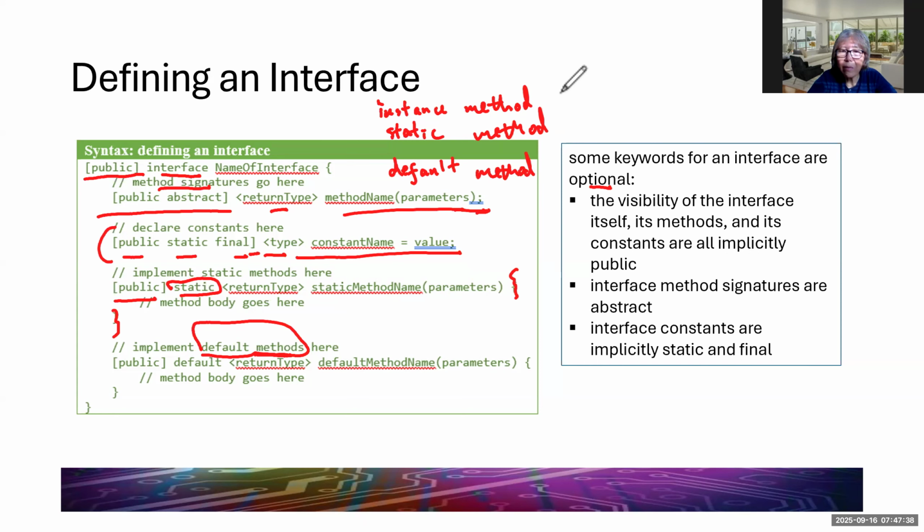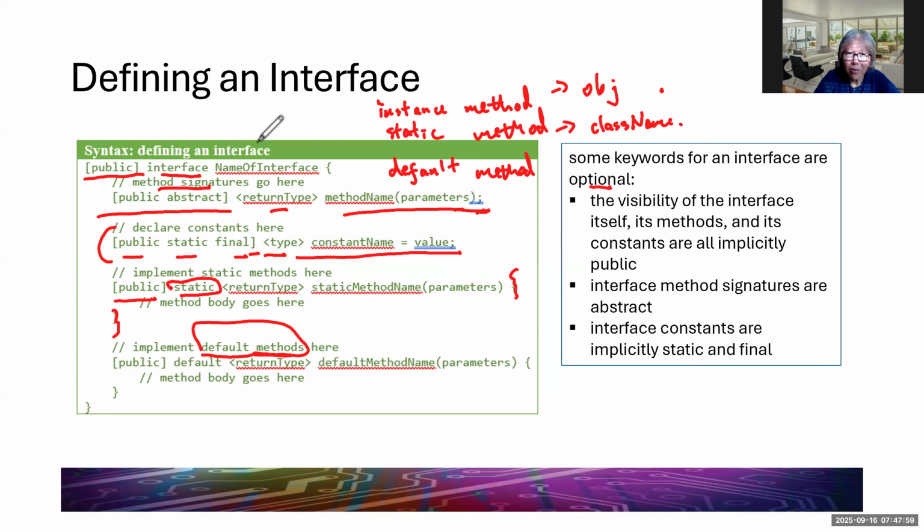Instance method must be invoked with an object, so using dot. Class static method, also called class method, uses the class name and the dot. So here we learned a new one called default method.